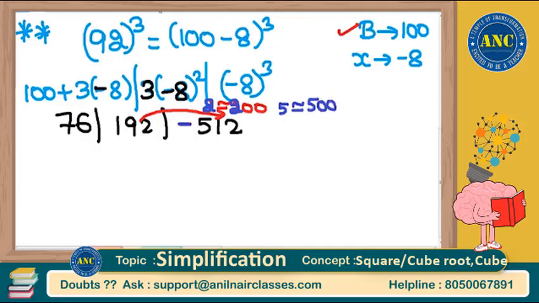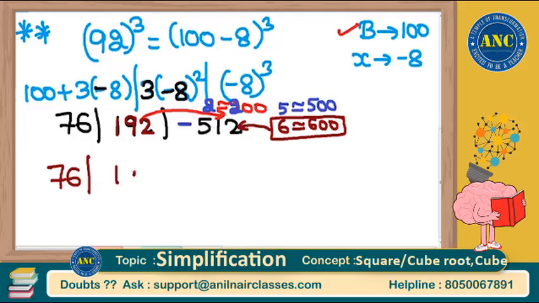That means to make my person as a positive person, the borrow which I need to take is 6, because 600 minus 512 will become positive. I believe the idea is clear. So it is 76. 6 is taken out from this person. It becomes 186. And then 600 minus 512 is 88.